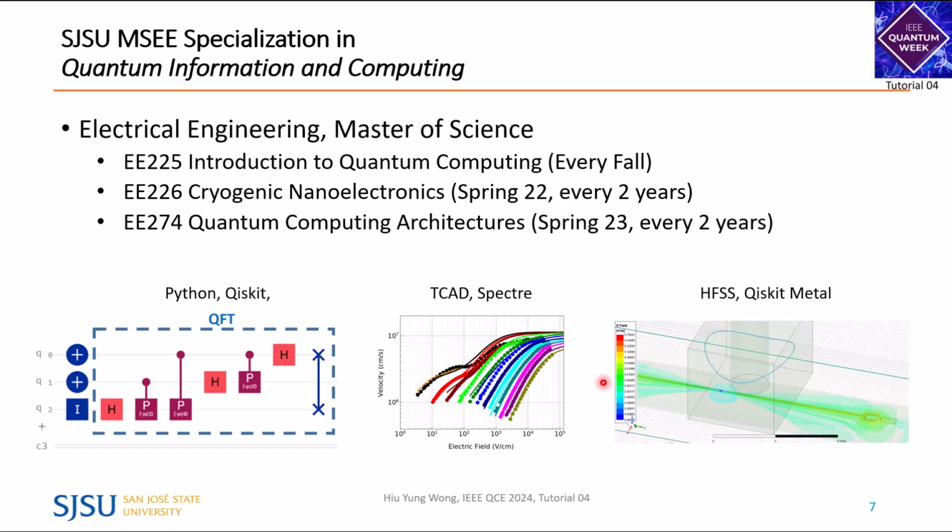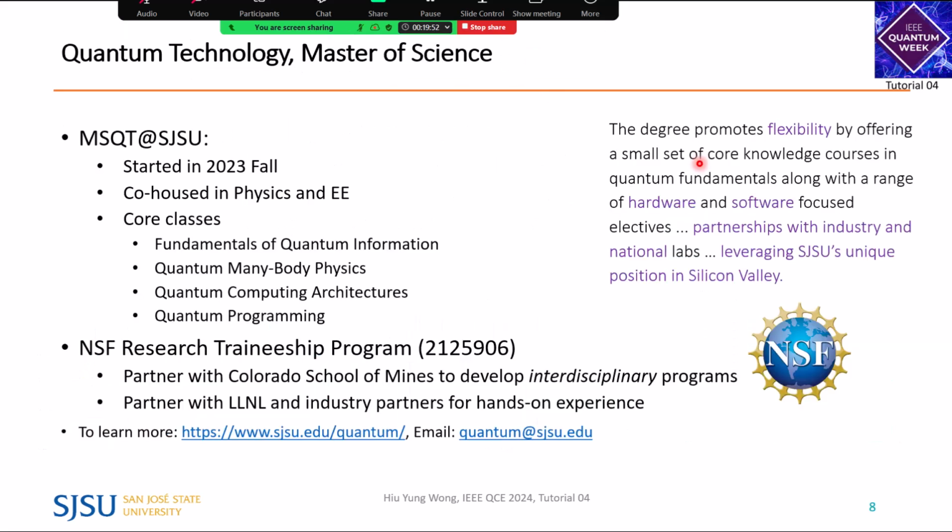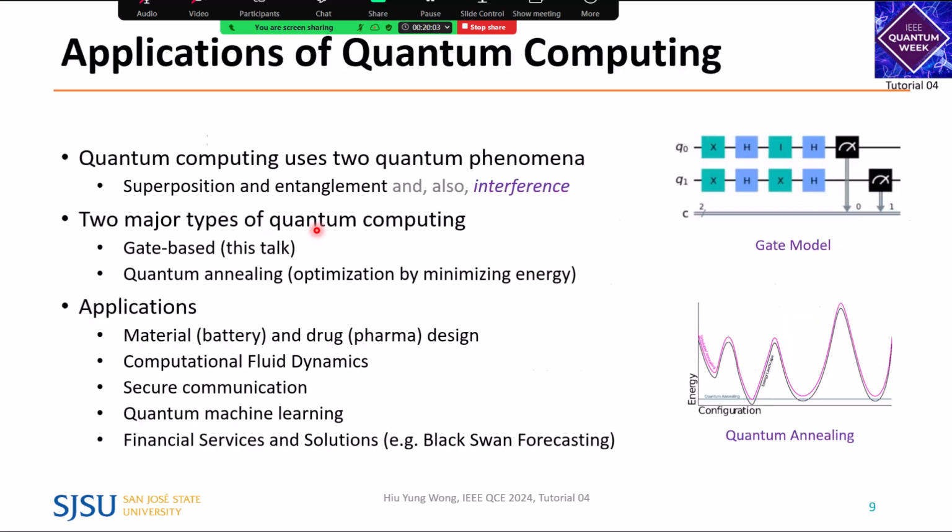You will see that this almost involve no quantum mechanics. So I think electrical engineer have a very important role in the quantum computing industry. We also have a Quantum Technology Master of Science funded by the NSF, and it is a collaboration between the physics and electrical engineering. If you're interested, we can discuss more later.